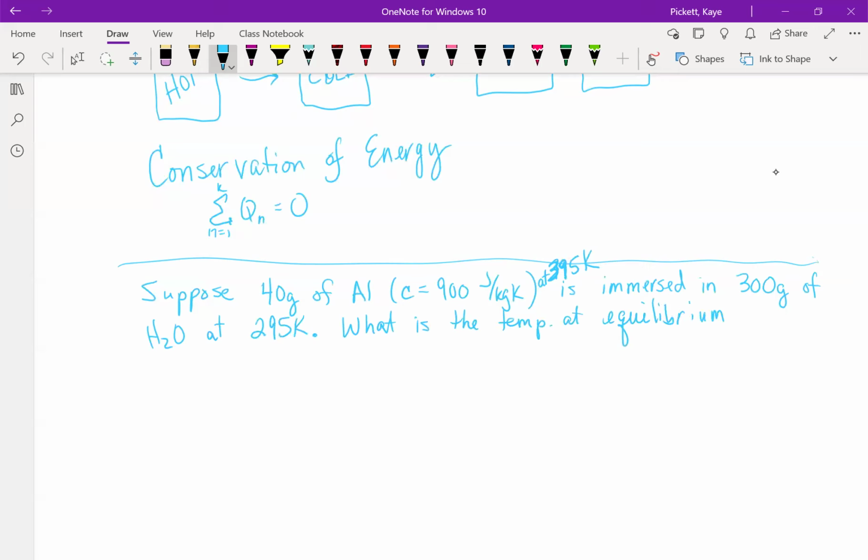I should be putting something in the problem about an insulated container so that we're not losing energy to the surroundings and all that good stuff. But we will get the big ideas here.